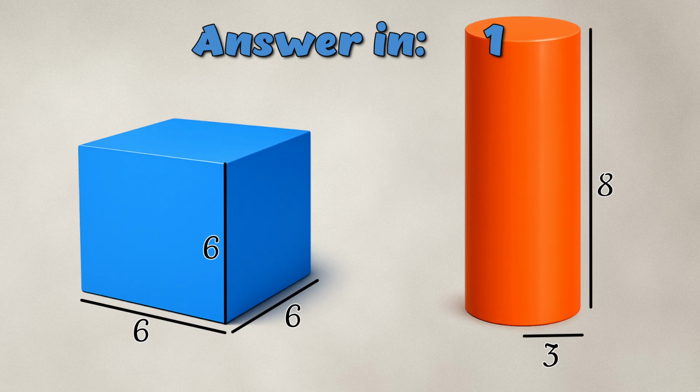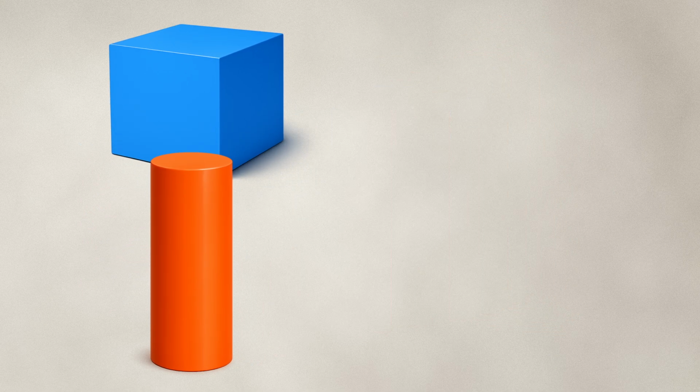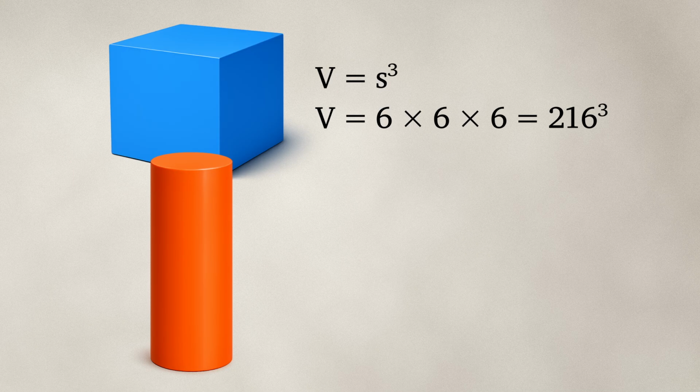Let's start with the cube. We know that the cube volume is all the sides cubed. So 6 times 6 times 6 equals 216 cubic units exactly. And the cylinder is pi times the radius squared times the height.